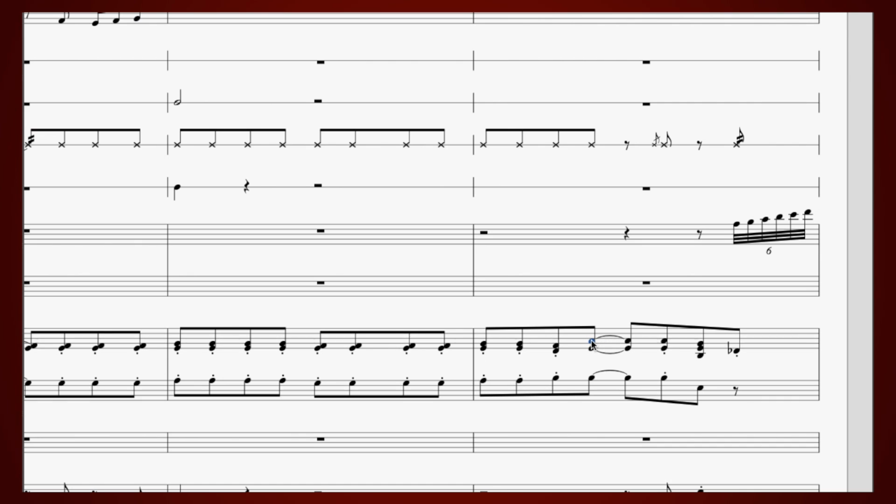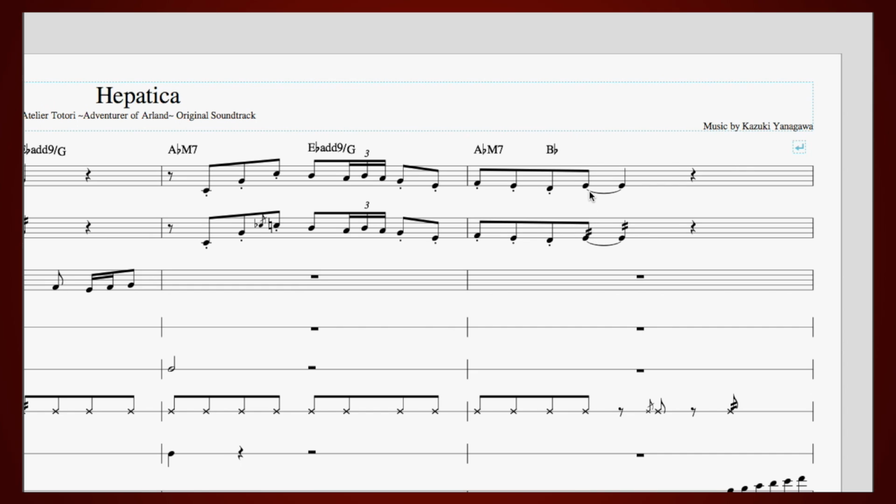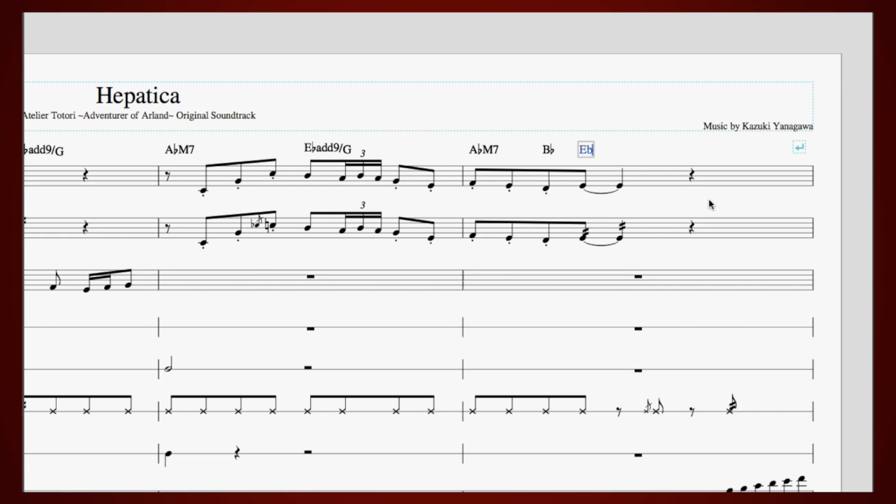This is A flat, B flat, E flat, A flat. That's interesting. So it's an E flat sus4 over, and there's our E flat again. It's an E flat sus4 over B flat. That's kind of interesting.